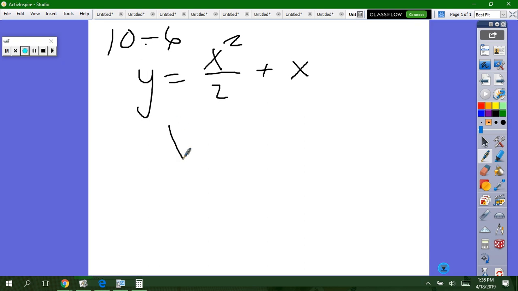I'm going to say x equals t minus 1. They use t a lot in parametric. What do you guys think y is then?